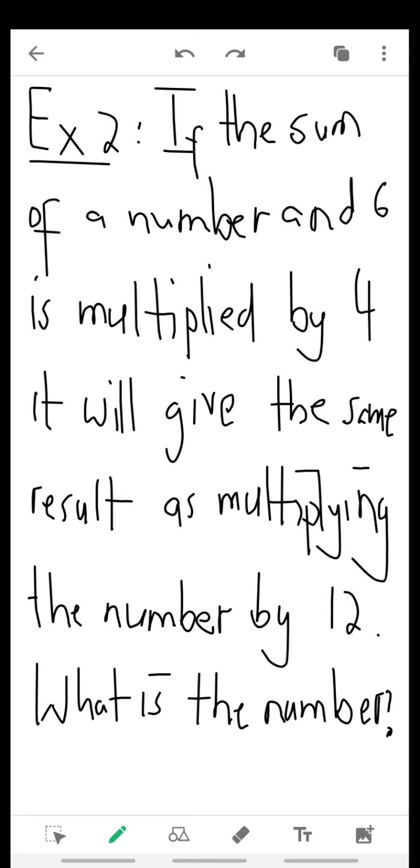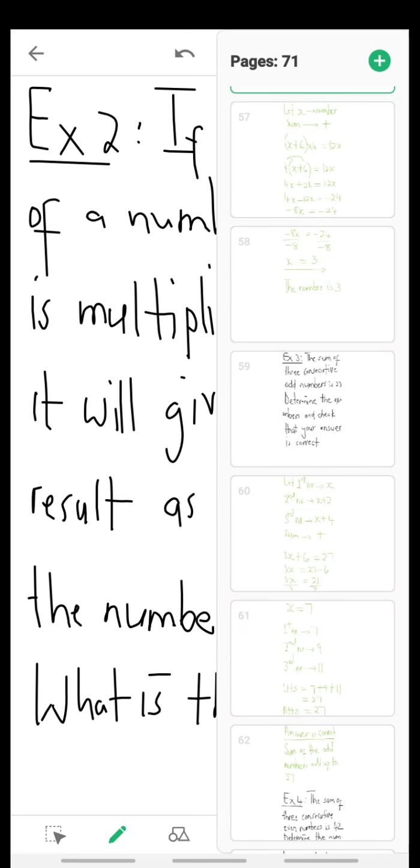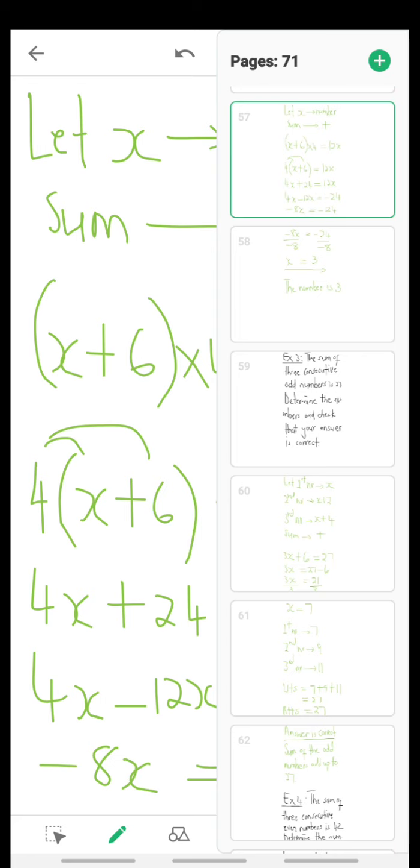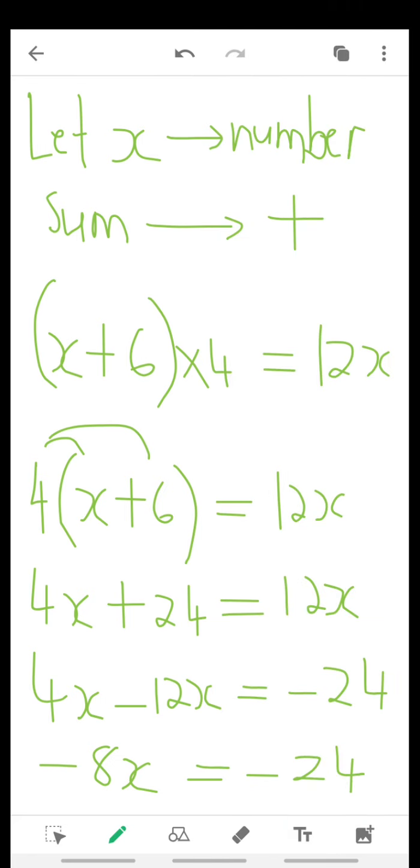What is the number? Since we let the number be x, that means it will be x plus 6 times 4, all equal to 12 times x. Then we can now solve for x. So you're going to multiply by 4 inside there.